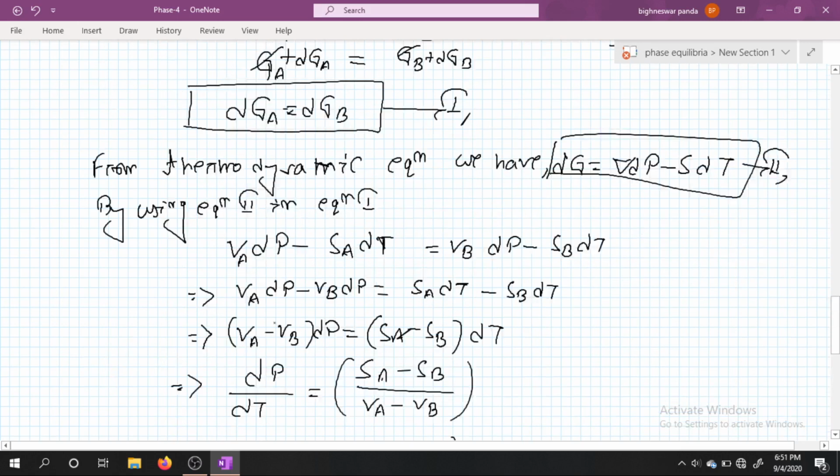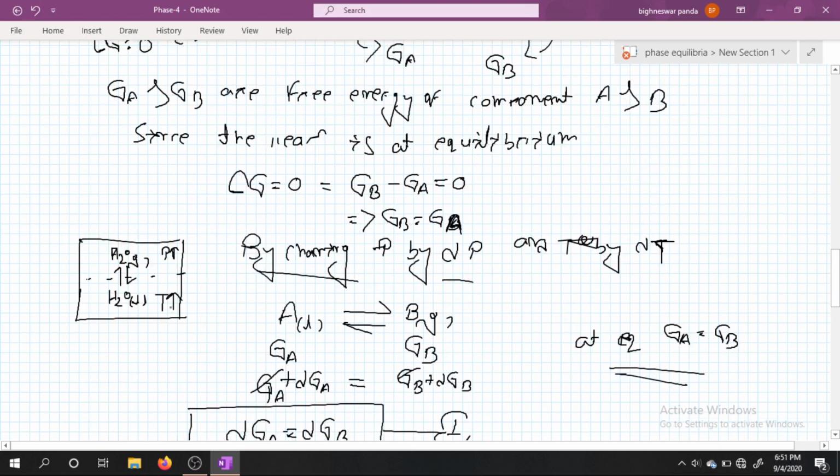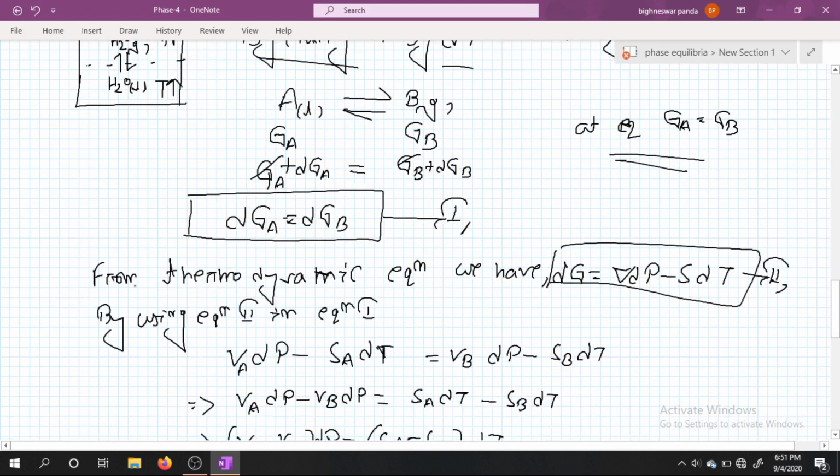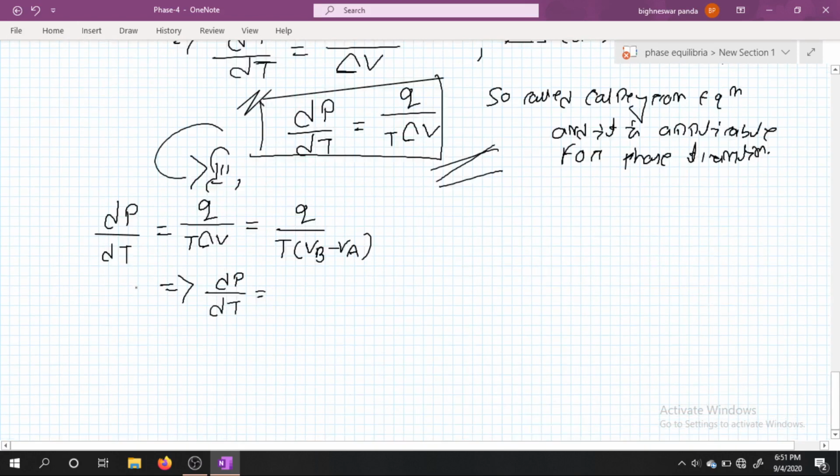Since H2O liquid to H2O gas is called enthalpy of vaporization, I am putting here delta H vaporization divided by T. VB minus VA means volume of gas minus volume of liquid.